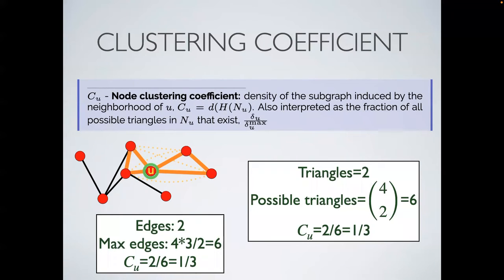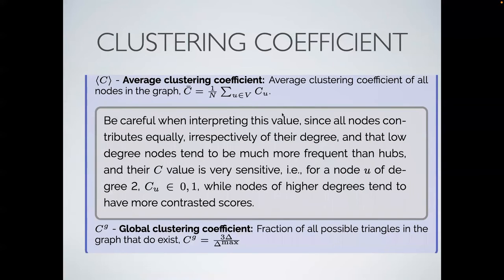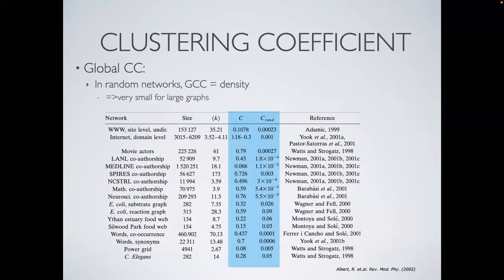But if you take a node with a large degree, then probably its clustering coefficient will be 0.2 or 0.6. Since we know that in real networks we have many nodes with a small degree, it means that your average clustering coefficient will be strongly impacted by these small degree nodes that have a value that can be only 0 or 1. So this can be a biased perspective, and maybe in many cases you're better off computing directly the global clustering coefficient.